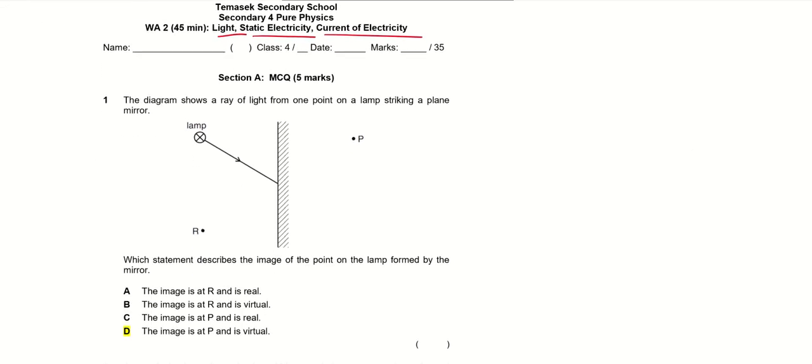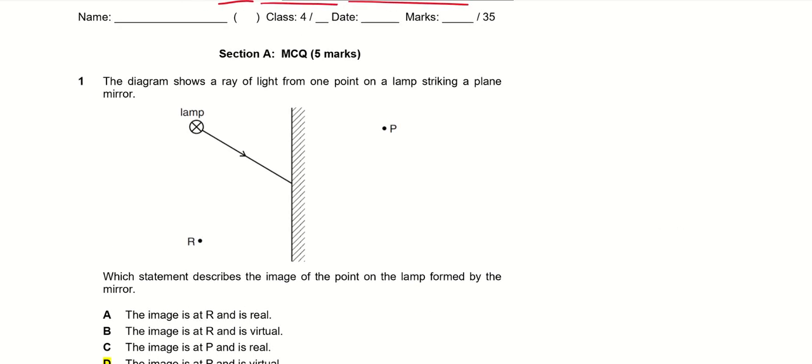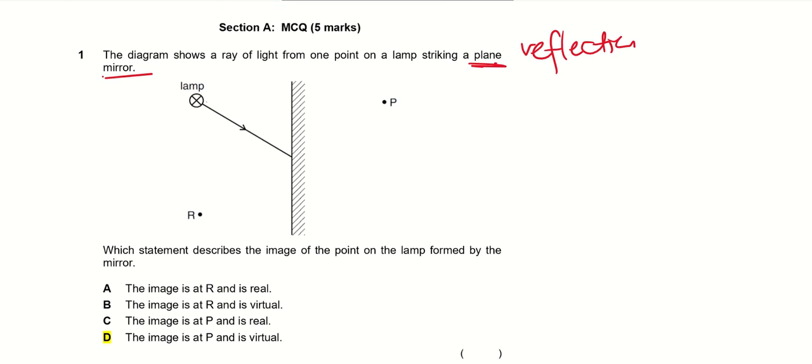Okay, let's start. Question 1 for MCQ. Diagram shows a ray of light from one point on a lamp striking a plane mirror. If it's a plane mirror, you will know that it is undergoing reflection. For reflection, the image will be at P. Because the lamp is now the object, we draw a normal.